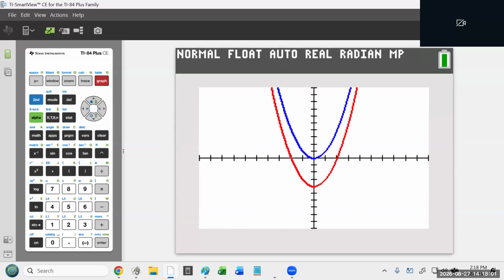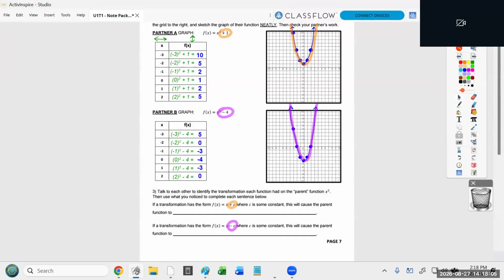Hopefully we can see this. So when you add and subtract a number to a graph like that, it moves it up and down. And that's what the answers on the blanks at the bottom of the page are. So when you add a number, you move the graph up. When you subtract a number, you move the graph down.